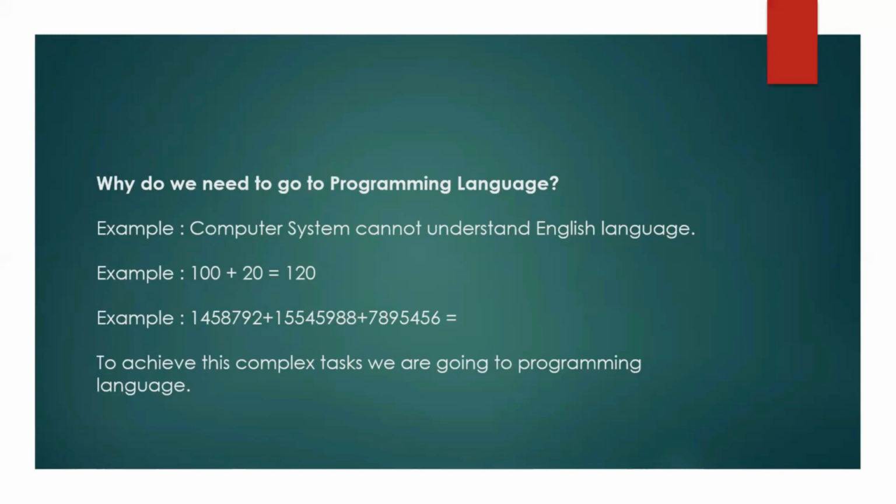Example two, we can add two numbers, 100 plus 20 is equal to 120, pretty quickly. Whereas in example 3, it is a huge number, an addition of 3 numbers. It will take some time for a human to do the calculation and give the output, right? These tasks will be done by the computer system pretty easily. That's why, to achieve these complex tasks, we go to a programming language.